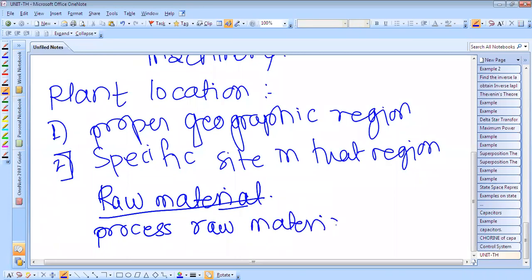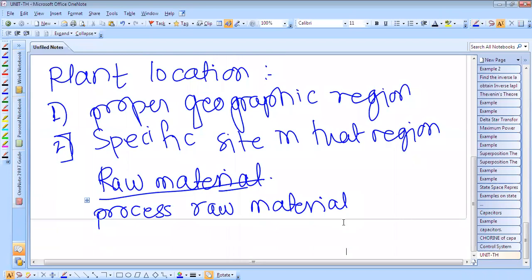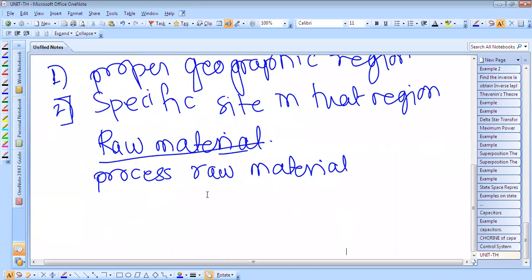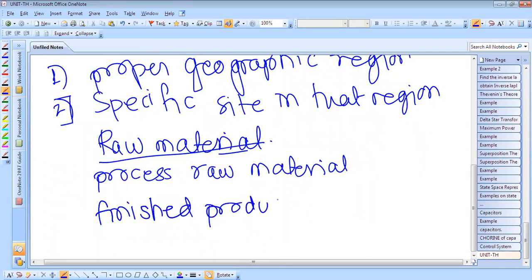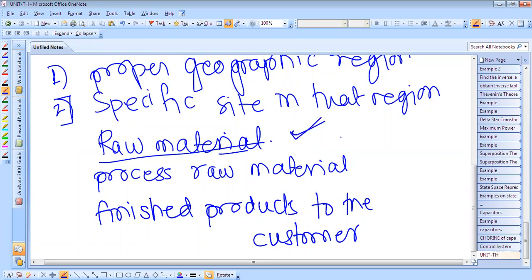And when you process this raw material, we sell the finished products to the customers. So your plant should be very near to the raw material, as well as very near to the market, because we can easily transport it to the market.